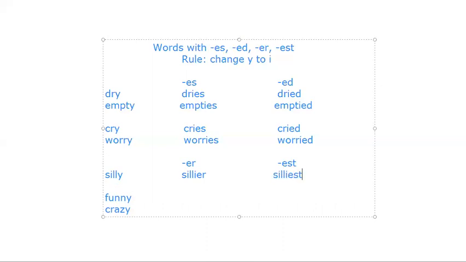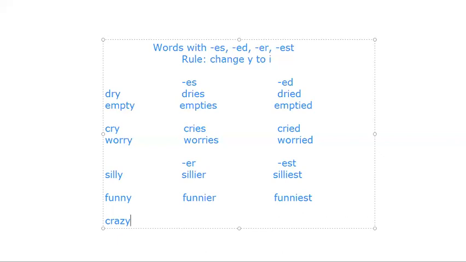When we compare many things, we can say silliest, and we change that y to an i. I could do the same thing with the word funny. I can change that y to an i and add the er ending. And then I can change the word to funniest, and I change the y to an i and add the est.